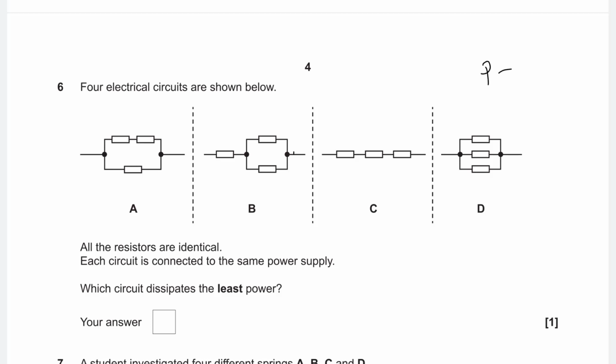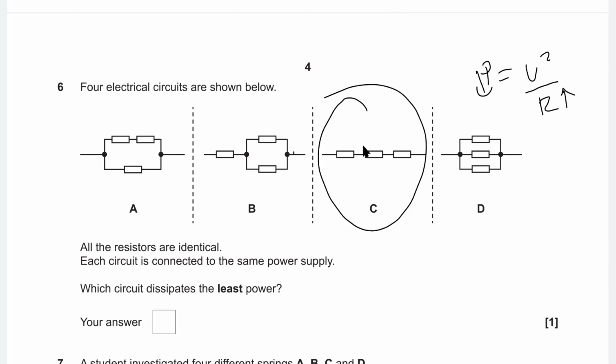This means that because P is equal to V squared divided by R at a constant PD, if the resistance is the highest, the power is going to be the lowest. The resistance will be the highest if we have as many components as possible in series, and this one here has the highest resistance, which is going to be 3R compared to all of them. So correct answer has got to be C.